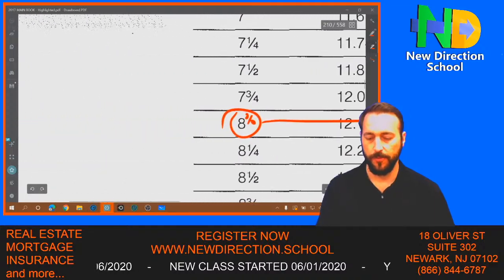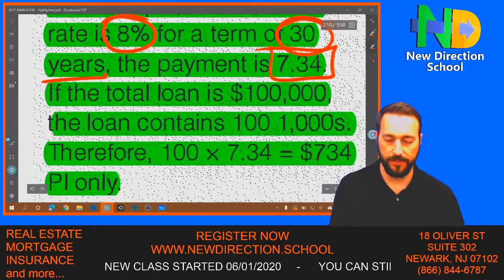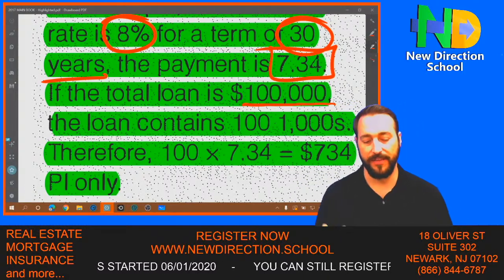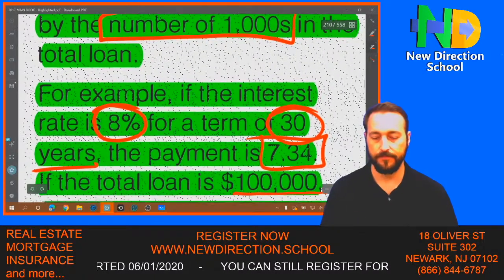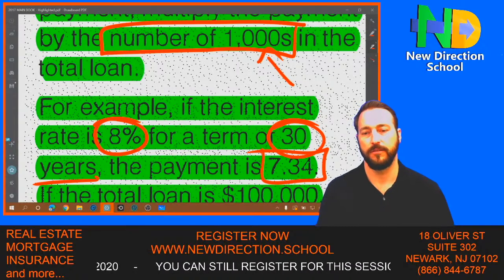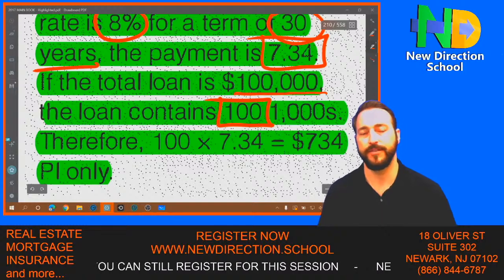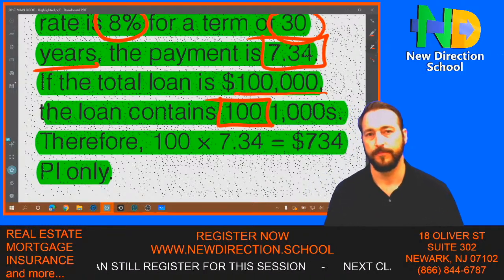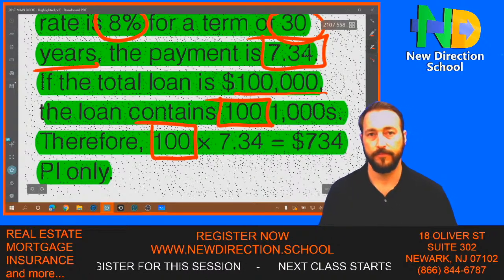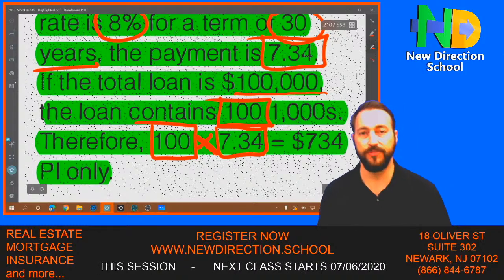So we're going to go back, and the loan is $100,000. How many thousands, because it's per thousand, right? How many thousands do we have in 100,000? Well, you divide by 1,000 and we have 100 thousands. So this is the number we use to multiply. It's the 100 times the 7.34.